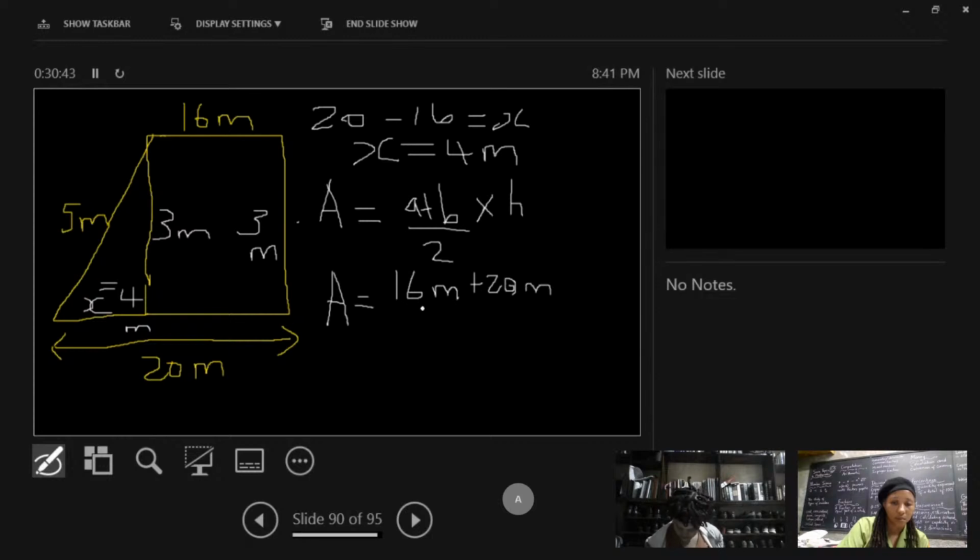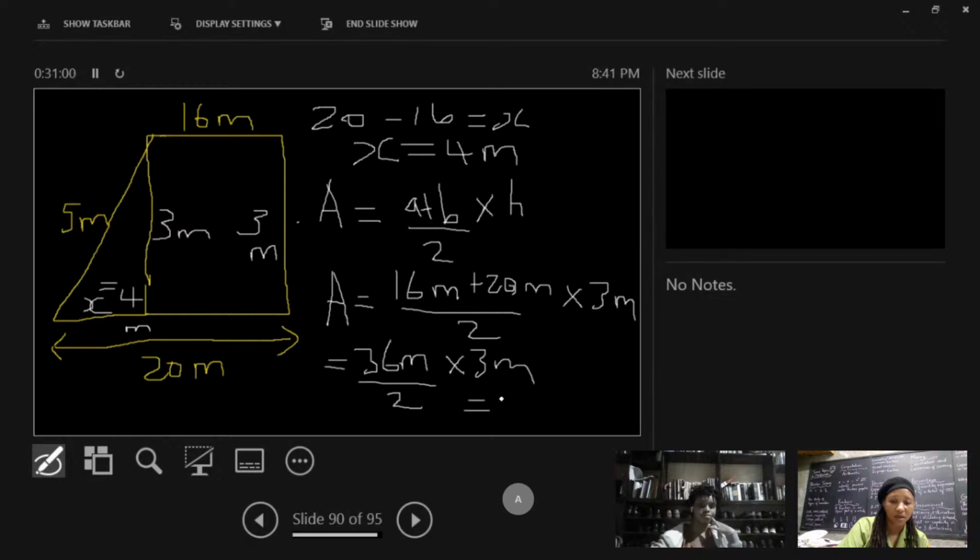And 36 divided by 2 is 18. And 18 times 3 is 54. So, miss, it would be 54 meters squared. All right, so how much? 54 meters squared.